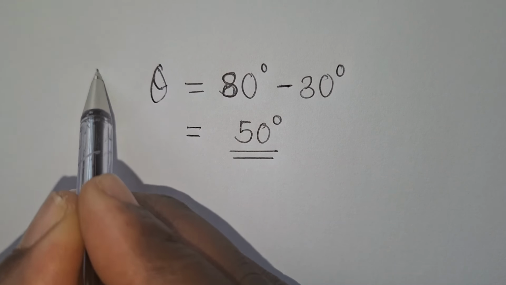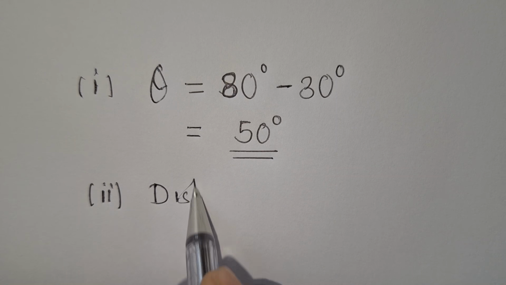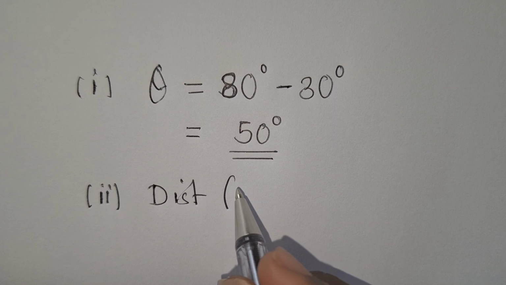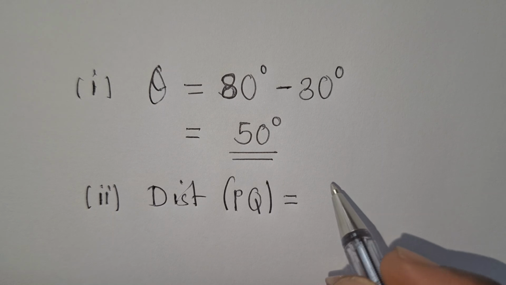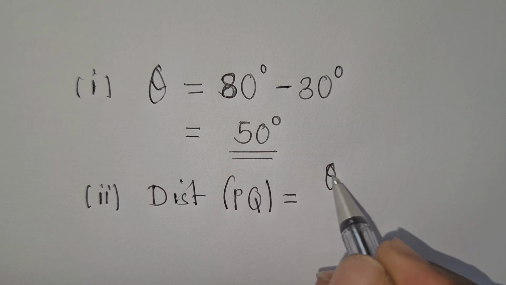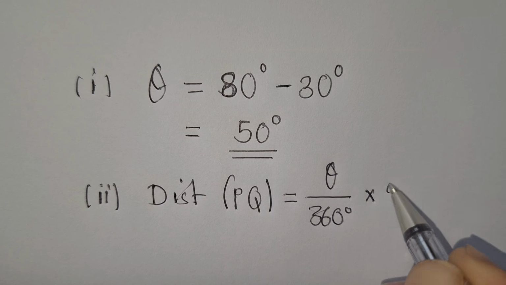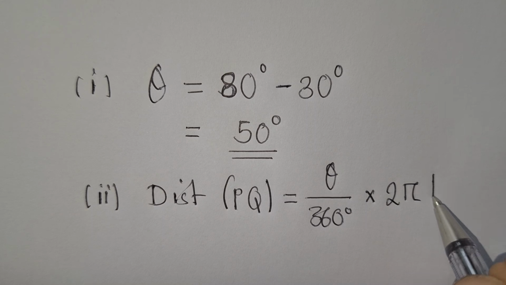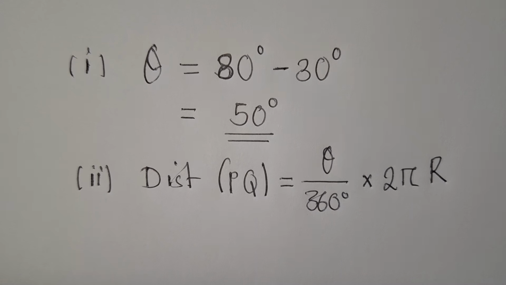Question 1 we've answered, it's right over here. So we say distance between point P and Q, since it's along the longitude, it will be theta over 360 degrees times 2 pi capital R. So this is the formula we use for finding a distance.